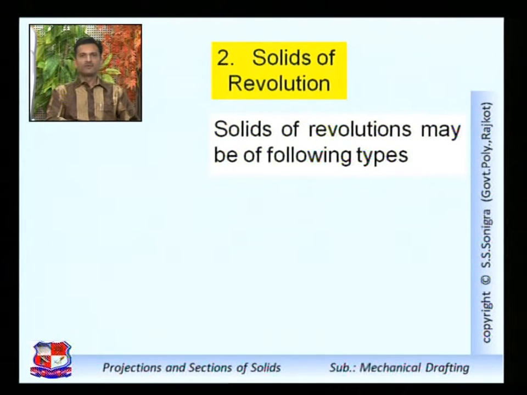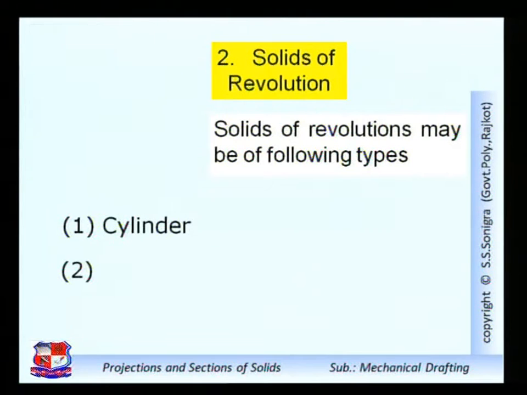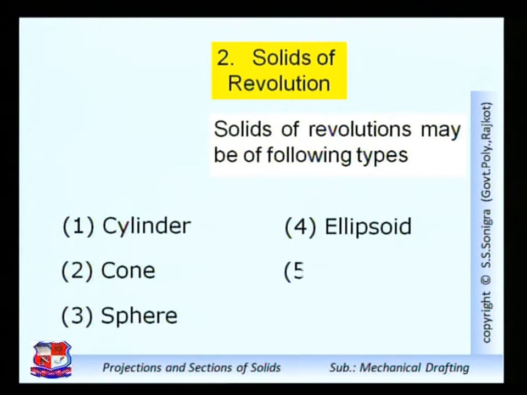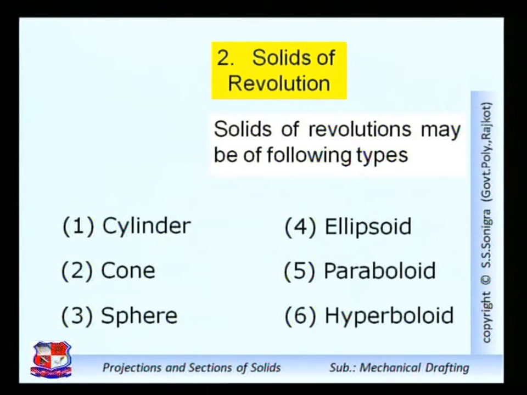Now solids of revolution may be of the following types. The first is cylinder and the second is cone, then sphere, ellipsoid, paraboloid and hyperboloid. These are the solids of revolution.